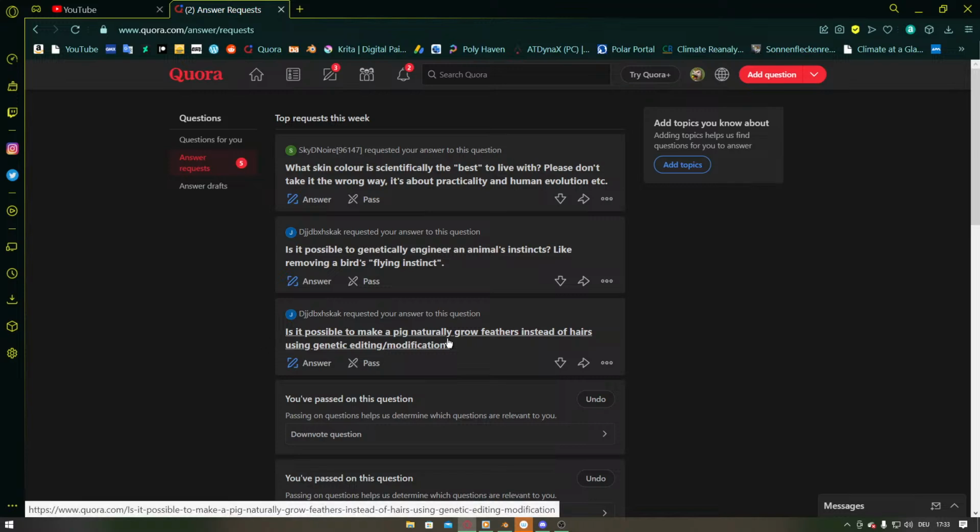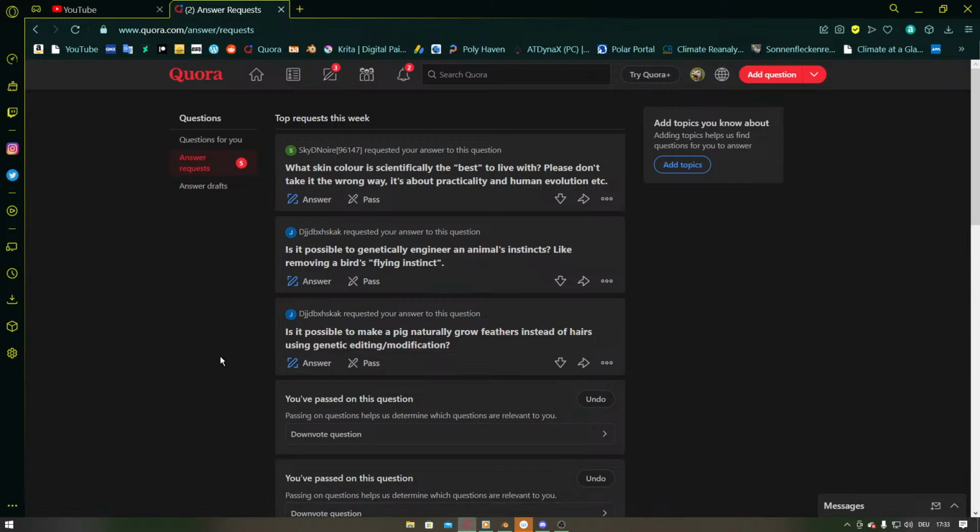Is it possible to make a pig naturally grow feathers instead of hairs using genetic editing? Actually, that's something the Freedom Form Foundation tries to figure out, and they say that all parts to form feathers are already in our skin.